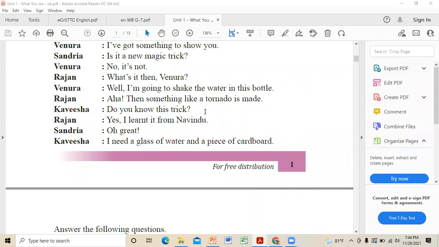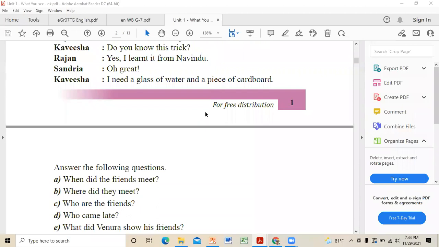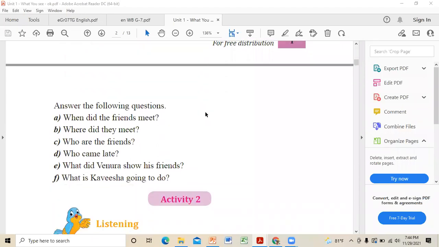So now we are going to do the second part. If you go to your second page, you will see you are given 6 questions, and you are supposed to answer the given questions. So what are the 6 questions?